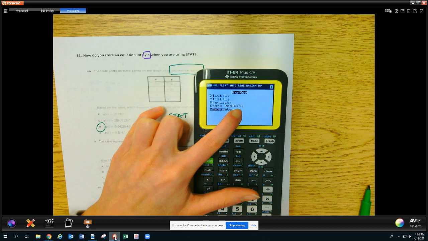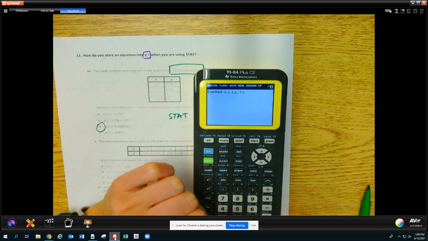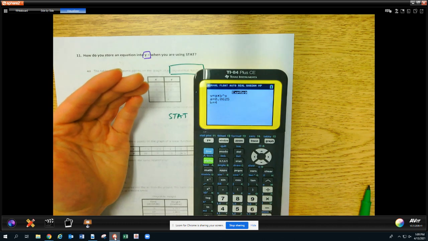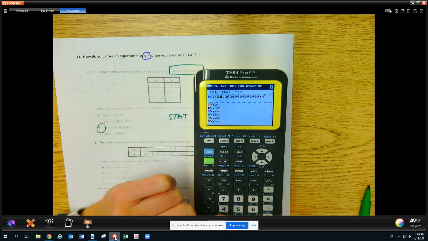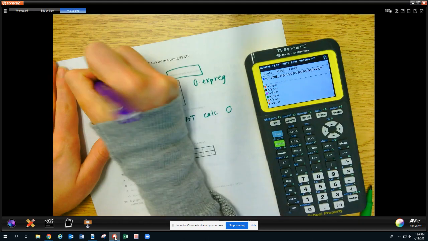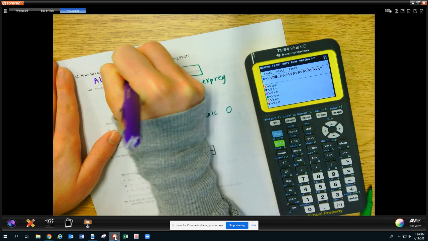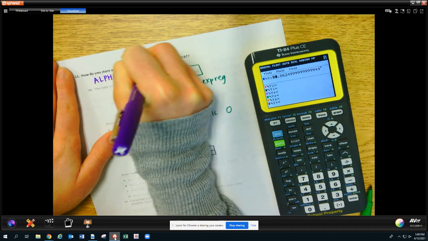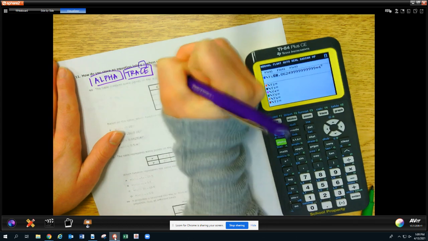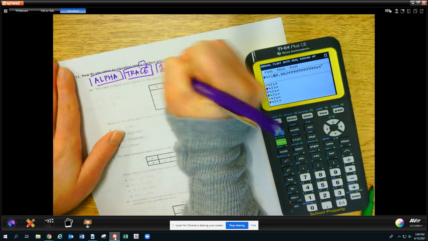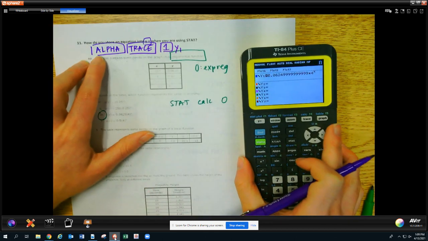Okay, and so it says y1 right there in store regression equation and then press calculate. It doesn't look like it did anything, but then when you press y equals, they typed it all in there for you. And so alpha trace, and then 1 for y1. You can put in y2 by pressing 2. You can put it anywhere you want.